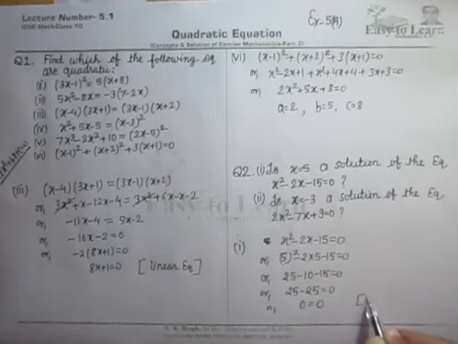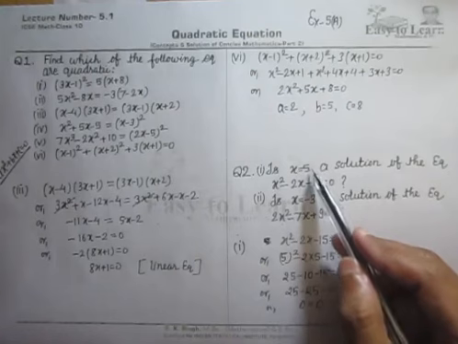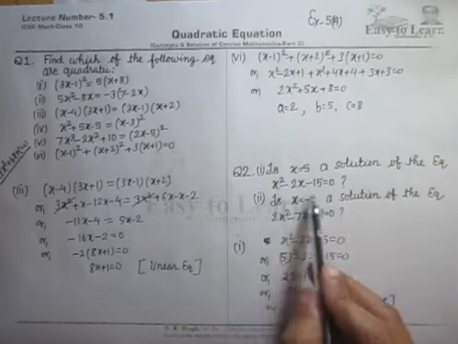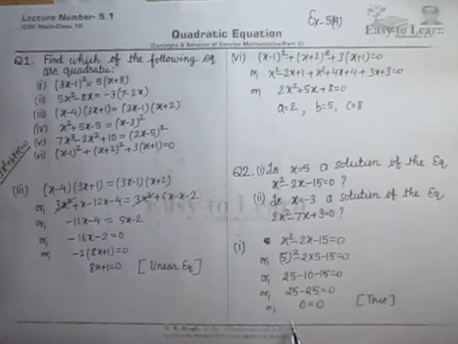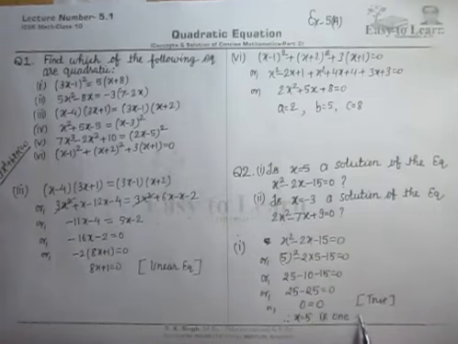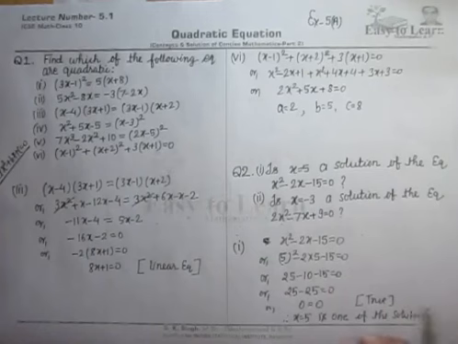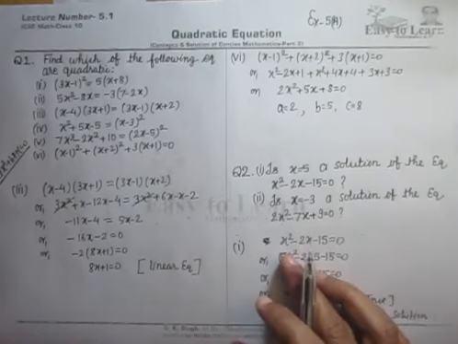So it is true. It means x = 5 satisfies the given equation. So x = 5 is one of the roots, one of the solutions of this quadratic equation. Similarly, you can solve question number 2.